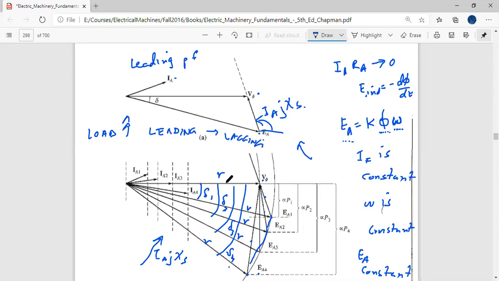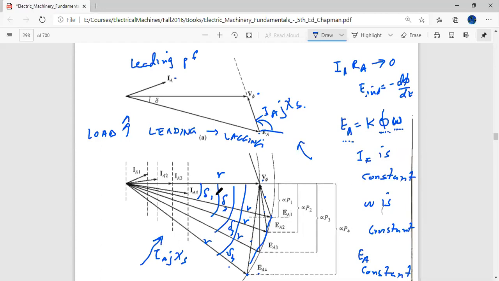This is a very important diagram, a good question which comes in the exam. So why does changing the load change the power factor? You look at the working of the synchronous motor. EA is only dependent on K, the rotor field and the rotor RPM. Since we are not making any change to the field, and the rotor RPM is also constant because a synchronous motor always runs at synchronous speed, EA will stay constant.